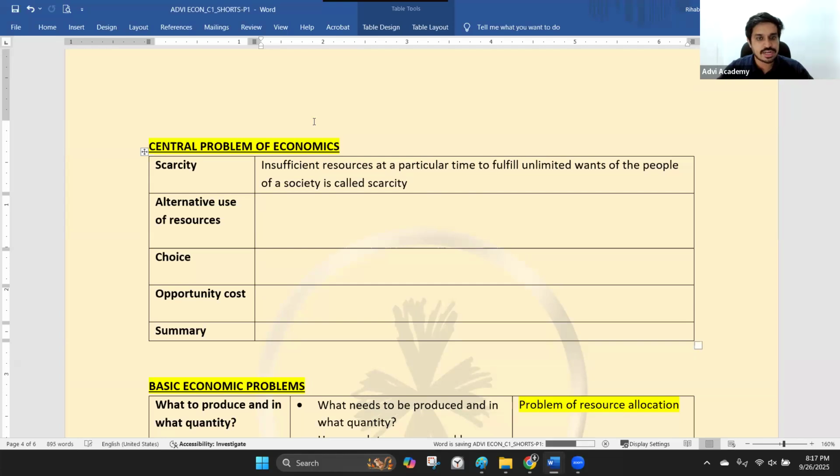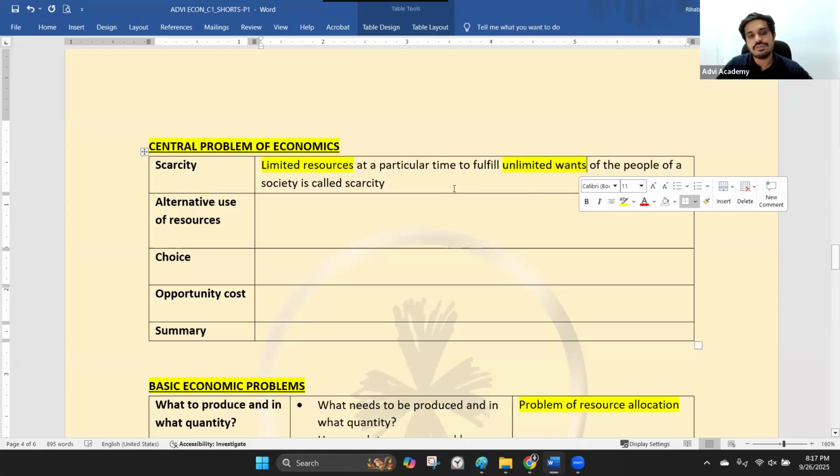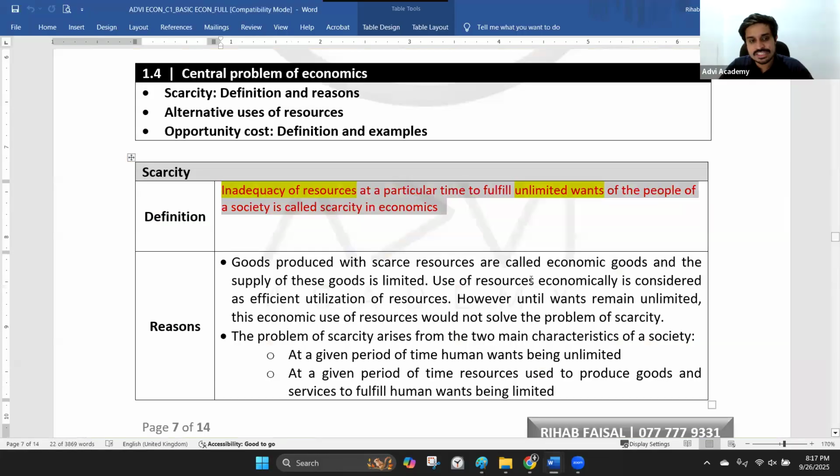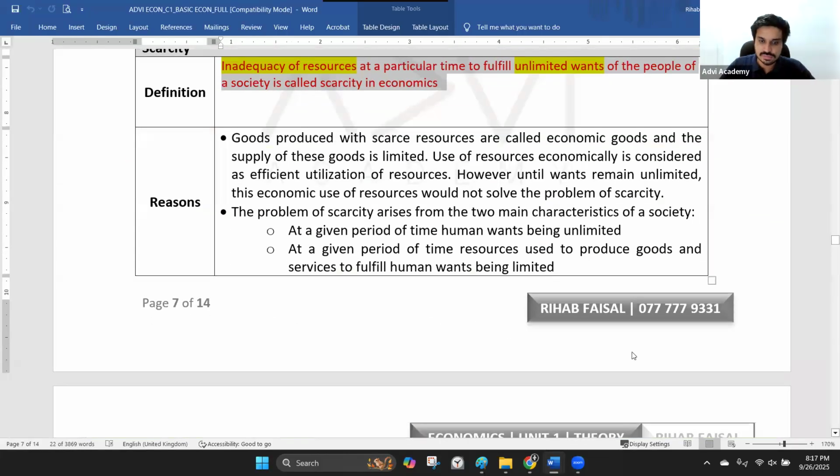That's your definition. So there are two things that scarcity is dependent on. One is limited resources, and the other is unlimited wants.